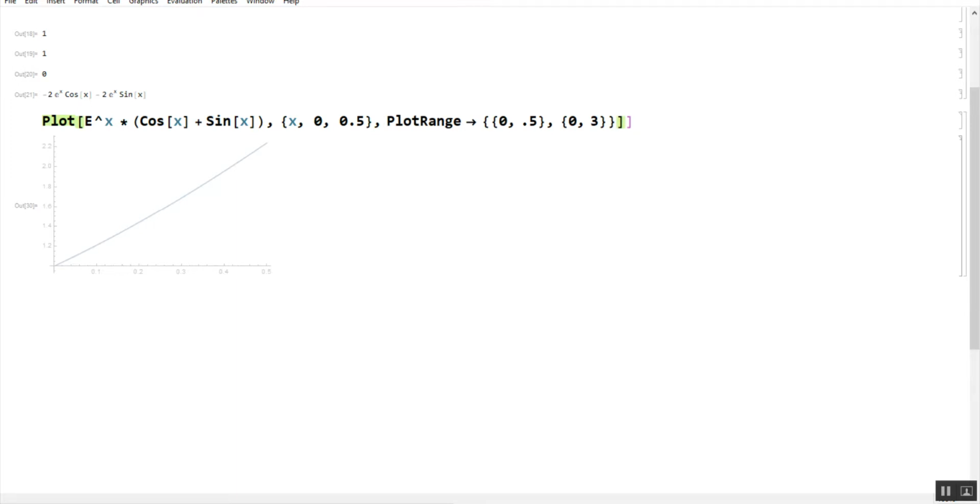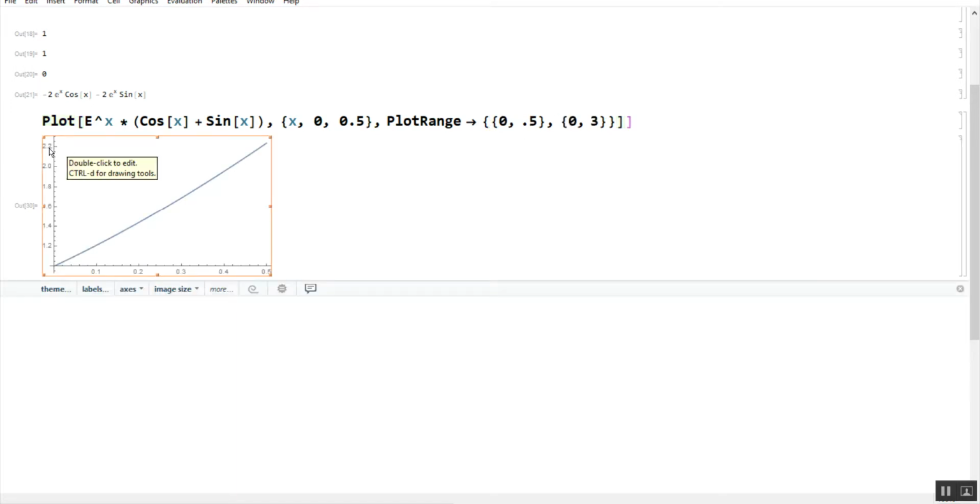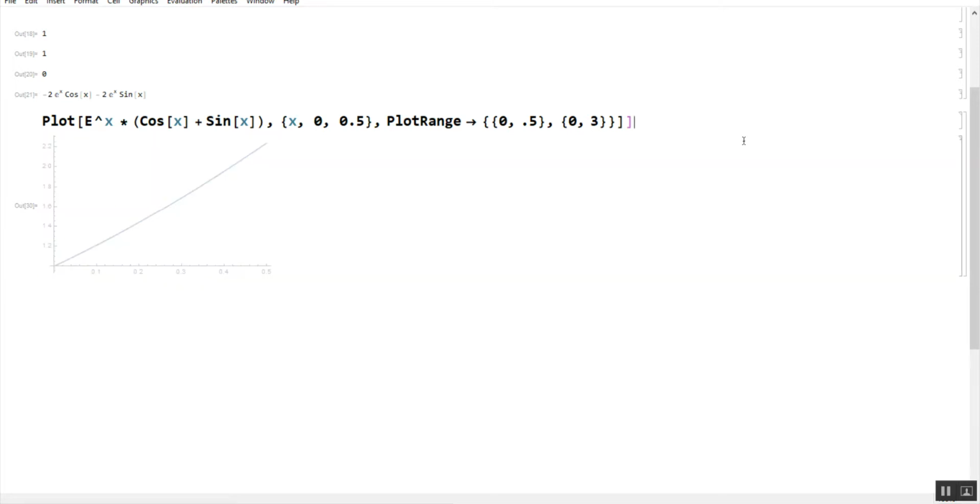The syntax is called PlotRange with an arrow sign, and this is the interval for x, and this is the interval for y from 0 to 3. I see that it's from 1 to 2 point something, so that's why I make that 0 to 3. So double check your syntax like previous one.